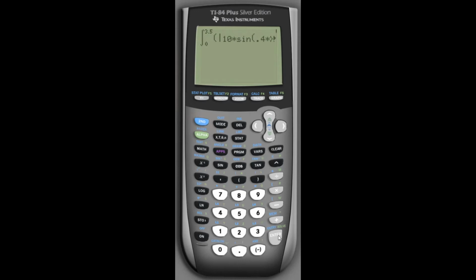So let's see what this gives us. This gives us that the total distance traveled by the particle over this time interval is 3.737 thousandths.